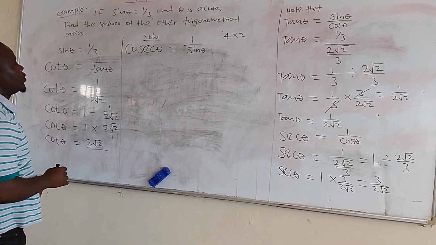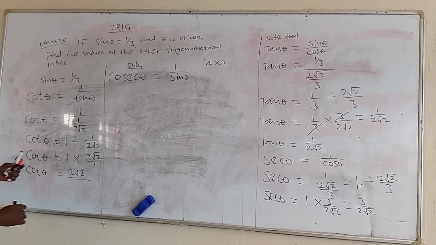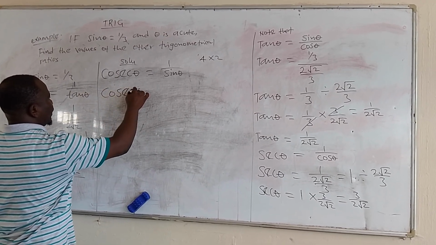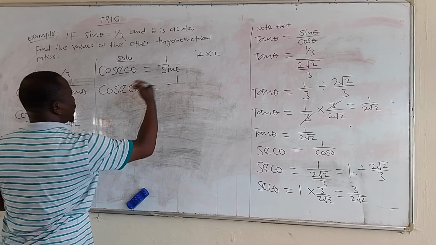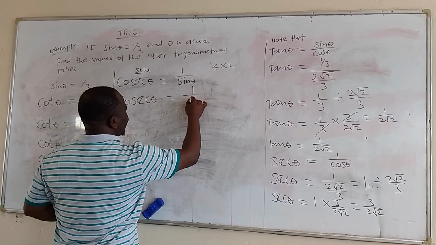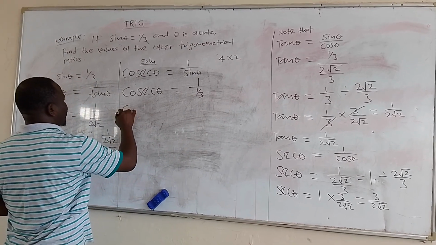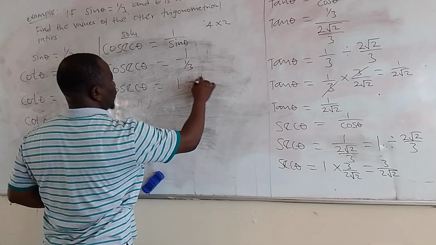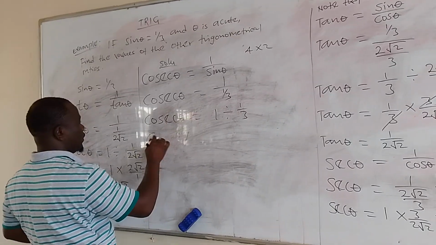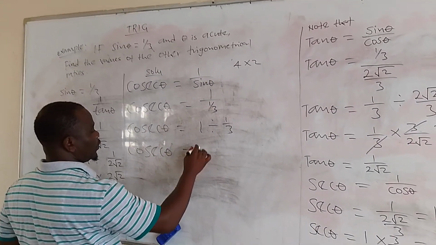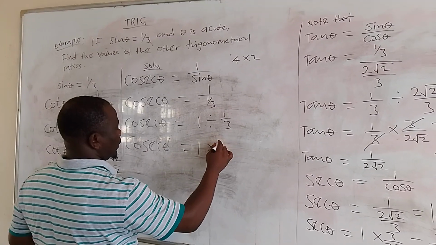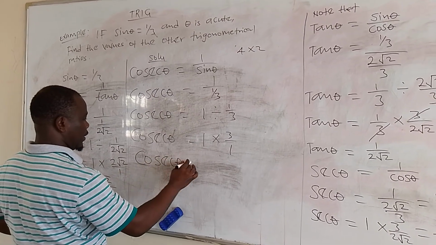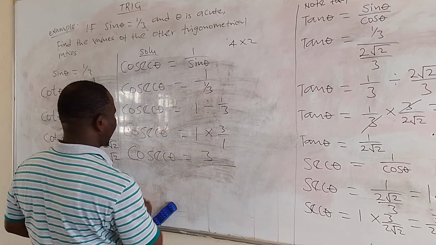To look for cosec theta, we just substitute in for sine theta, and note that our sine theta is given as 1 all over 3, true or false. So our cosec theta is equal to 1 divided by 1 all over 3. Then our cosec theta is equal to 1 times 3 all over 1. Then cosec theta is equal to 3, true or false.